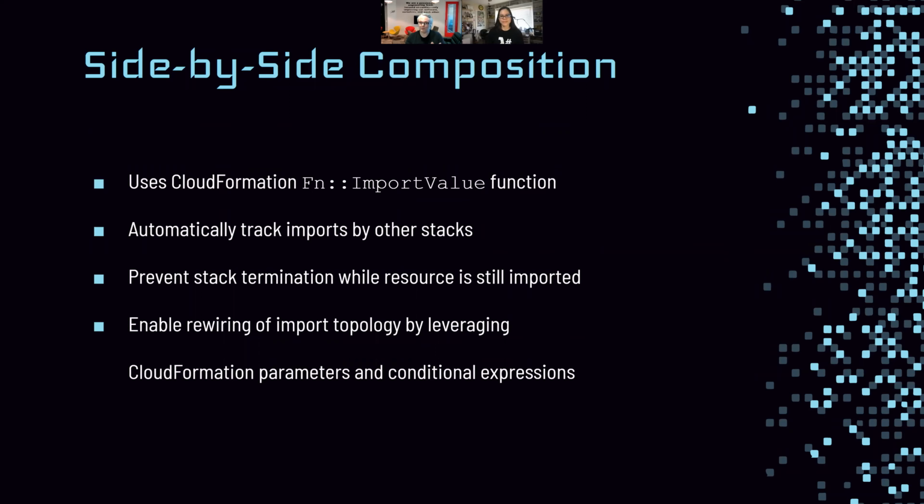The only way to remove it or modify the value, let's say it is indeed a new topic value that you want to create, maybe you changed something and the topic needed to be recreated, there was no way around it. The only way to get there is to delete all the dependent stacks. Well, dependent stacks could have their own export, could have dependent stacks, and so you have a cascading effect. So that's a really bad situation.